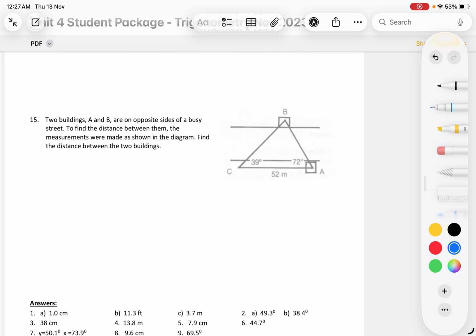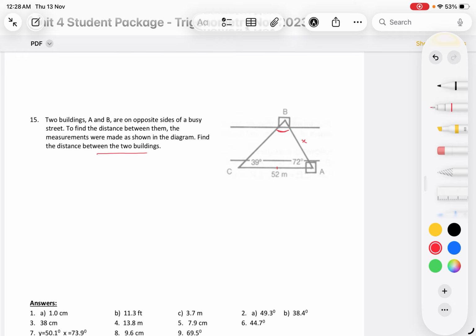Okay, let us do the last question, question number 15. Two buildings A and B are on the opposite side of a busy street. To find the distance between them, the measurements were made as shown in the diagram. Find the distance between the two buildings. We need to find the distance between the buildings, AX. This is 52. This angle is not given.